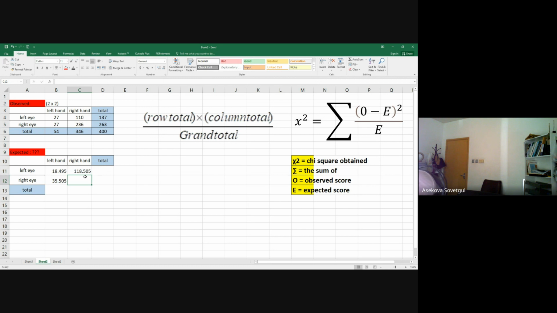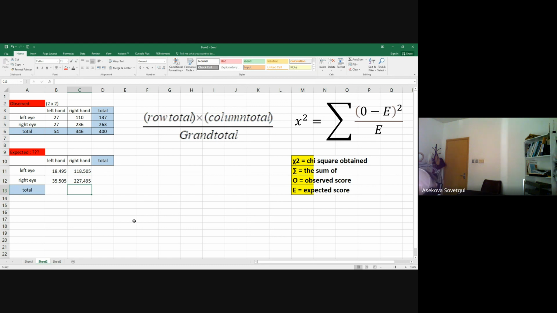Perfect. And for the last one, the right hand for the right eye. Okay, open the brackets. 346 multiplied by 263, divided by 400.